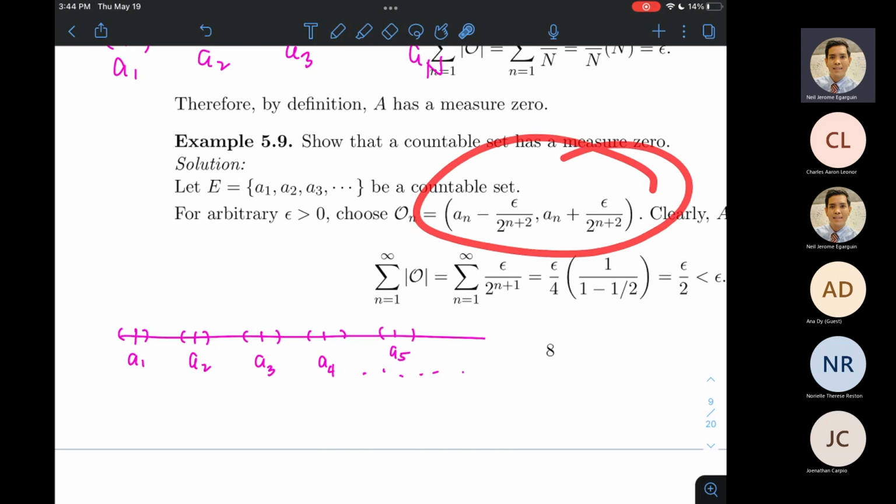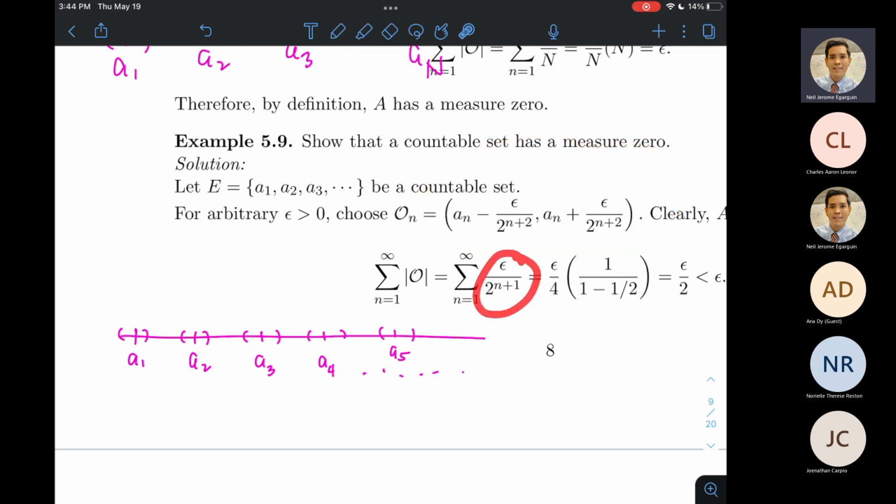Now, each of these subintervals will have length what? Epsilon over 2 to the power n plus 1. And there would be infinitely many of them. So pag sinum ko yung haba ng bawat interval, dapat ito ay may subscript n. So magiging ano lang siya, geometric series. Summation lamang ng epsilon over 2 to the power n plus 1. Geometric series, countably infinite.